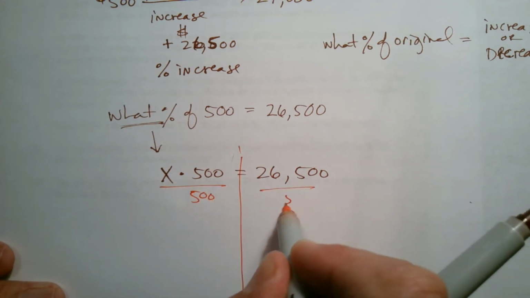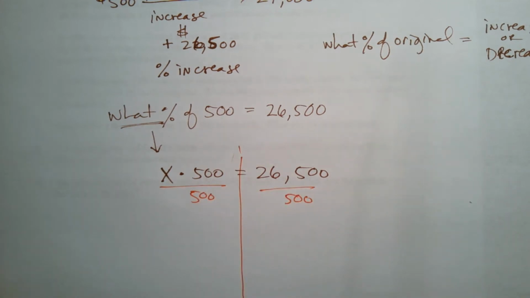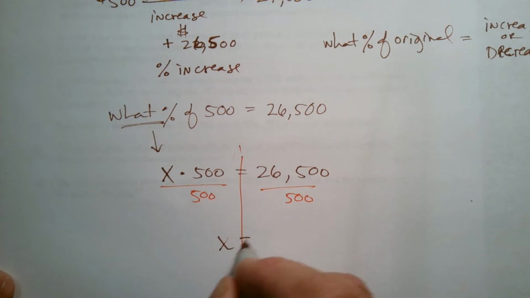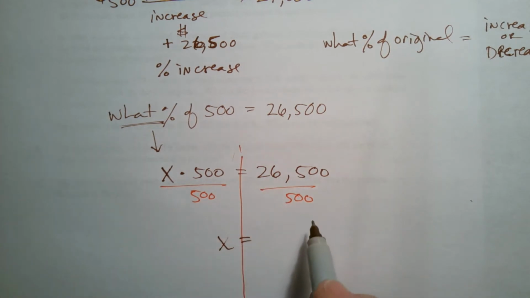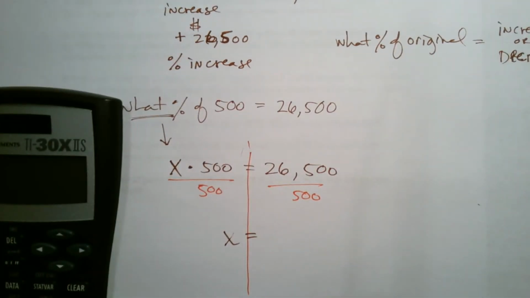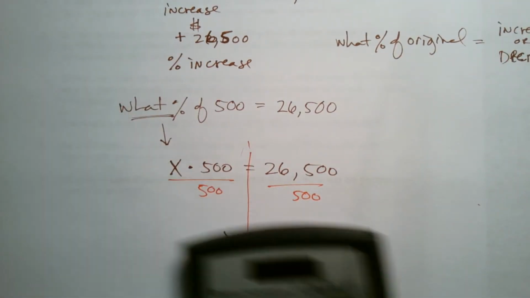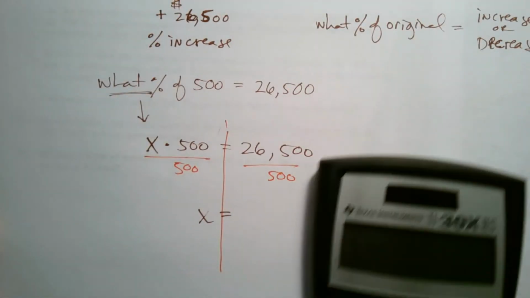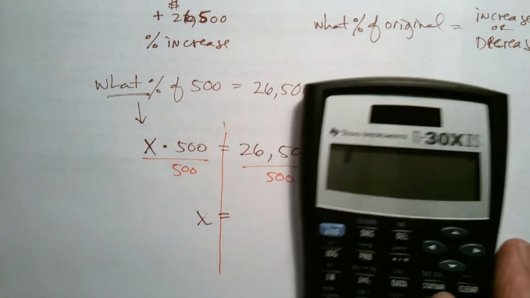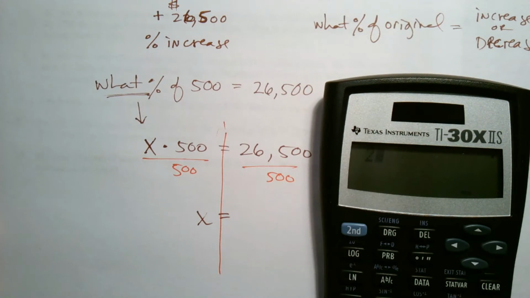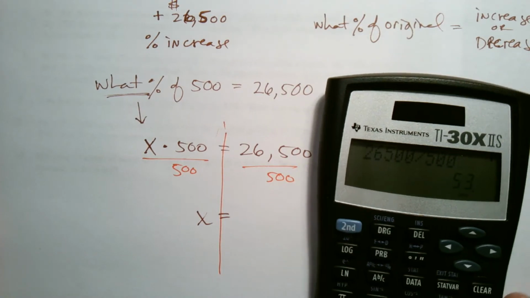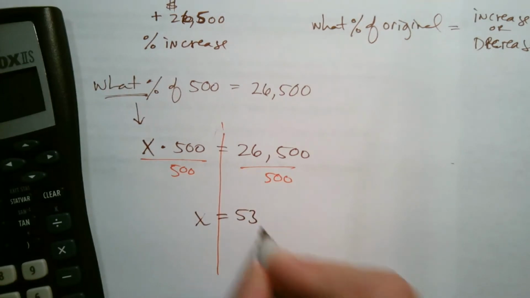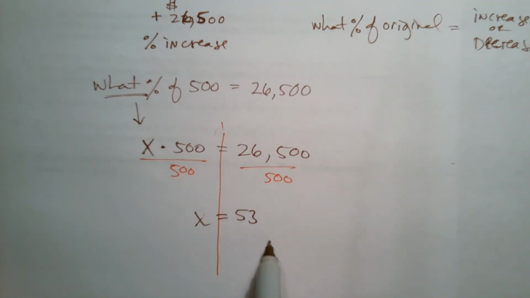So I've got to figure out what 26,500 divided by 500 is. 26,500 divided by 500 equals 53. So x equals 53.